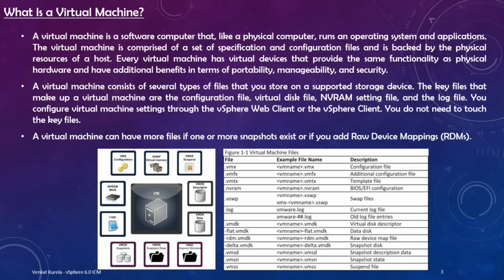A virtual machine is a set of configuration files. For example, in a physical server or in your computer, you will have a hard disk, a SCSI cable, a motherboard, and a BIOS, right? So there are different physical components.